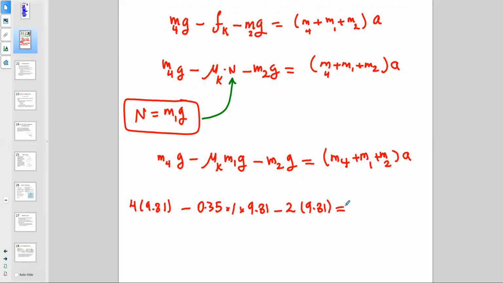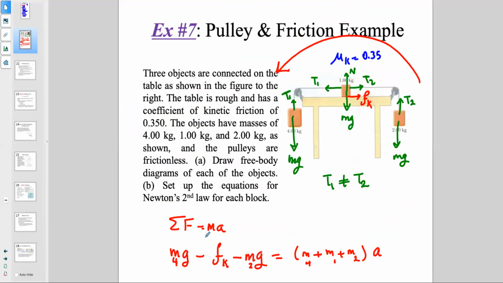M4 plus M1 plus M2. So M4 is 4, M1 is 1, M2 is 2 times A. Okay, so you can kind of put this in the calculator and solve it for A. Then you can find what A is, all right? Super easy.